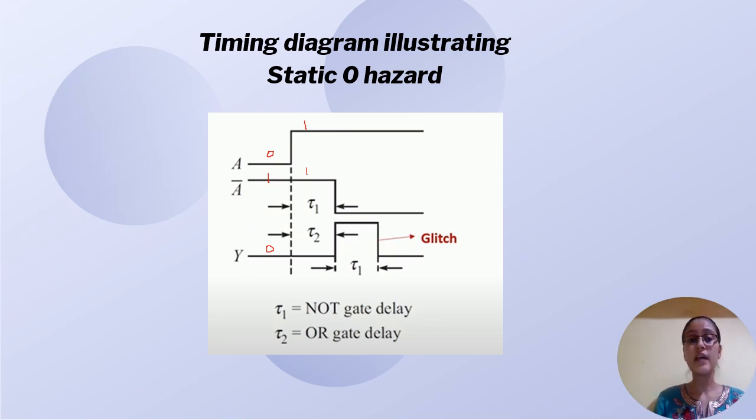So this output can be seen here. 1 and 1 will make the output of the AND gate 1. So a glitch has appeared here due to the NOT gate delay, that is, tau is the NOT gate delay. Due to that, we are able to see the glitch which should not have occurred.